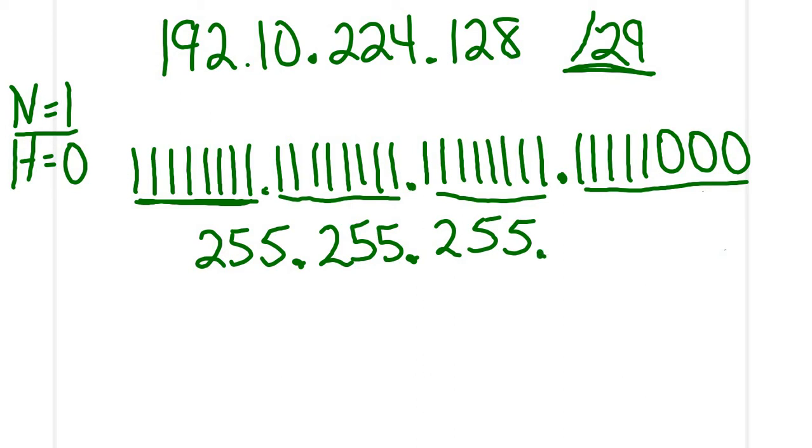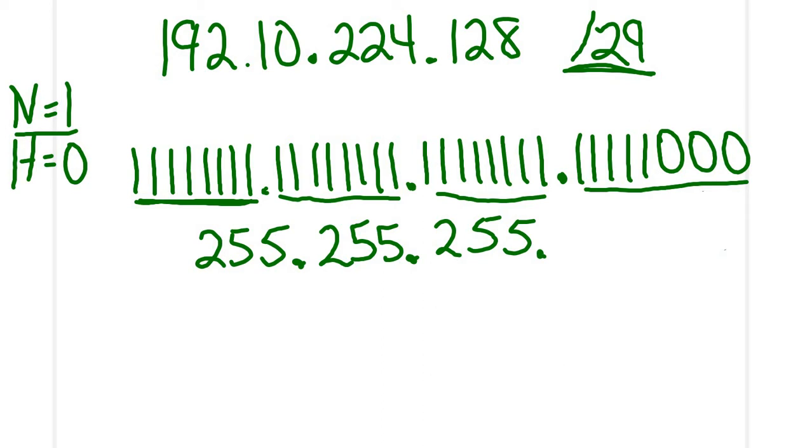Now my last octet is the one that I have to calculate. Whichever octet had mixed bits, zeros and ones, is the one that I'm going to have to actually calculate. If my octet had all zeros and I had listed it with a capital H, then the result is a 0 because that's the smallest number I can put in a byte of information.